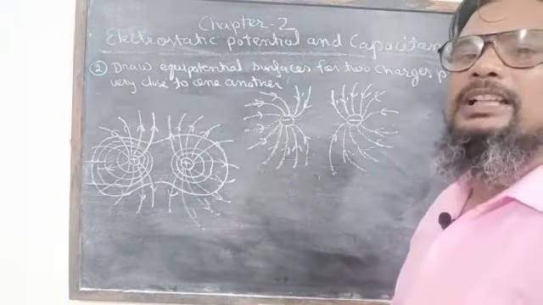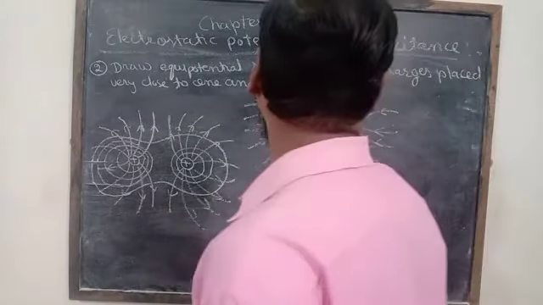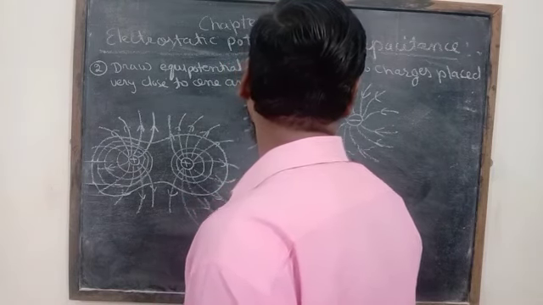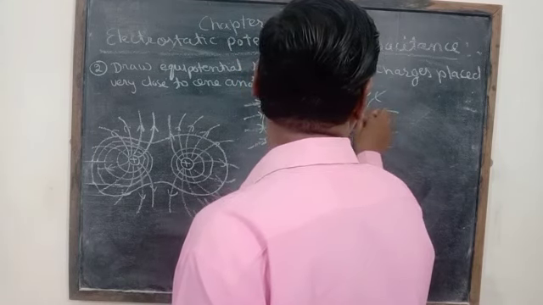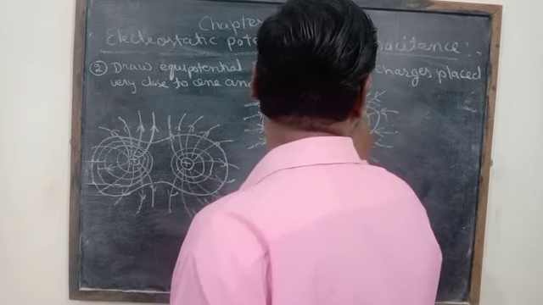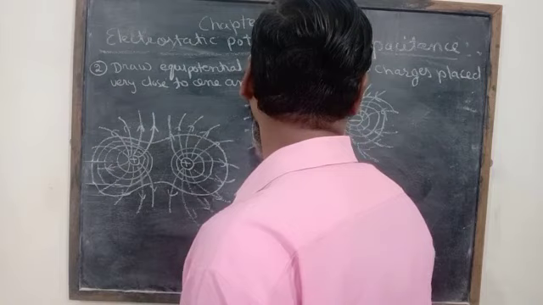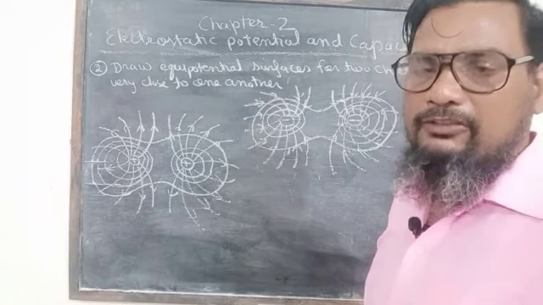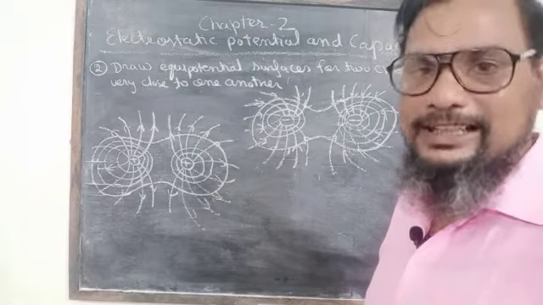As we are aware about electric line of forces, this is the pattern when two negative charges are placed very close to one another, and equipotential surfaces have the shapes just like that. This is the shape when two negative charges are placed very close to one another.